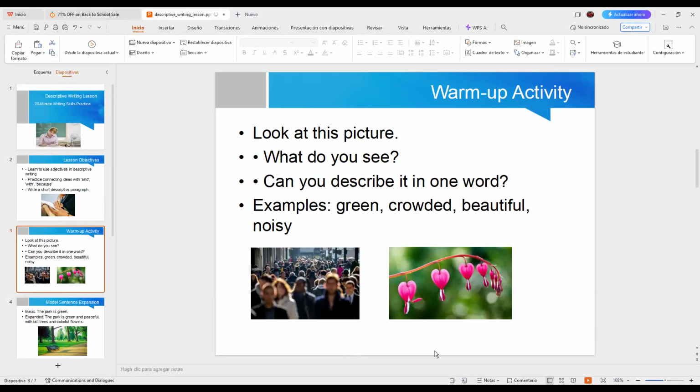Probably using adjectives, in the second one, for example, oh, this picture looks very good, or it's beautiful, or it's very nice, something like that, right? That is an interesting activity for the first part, using adjectives, describing some pictures. They can imagine more ideas in their mind in order to express themselves.